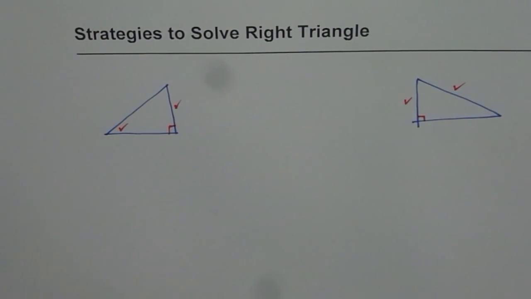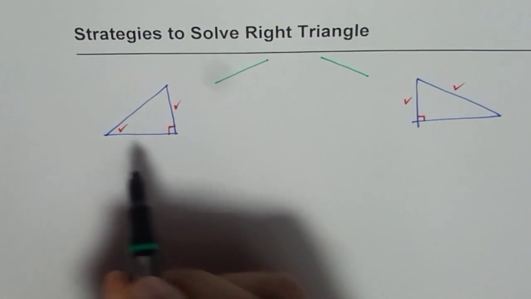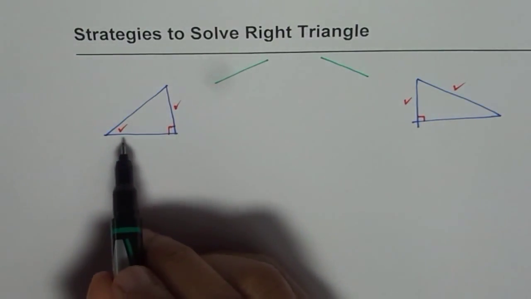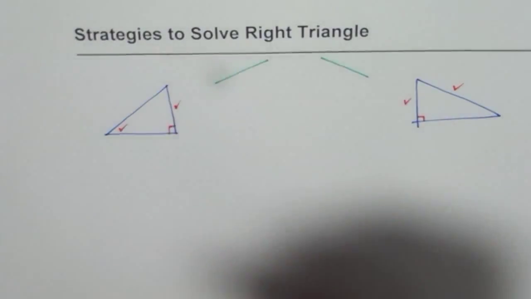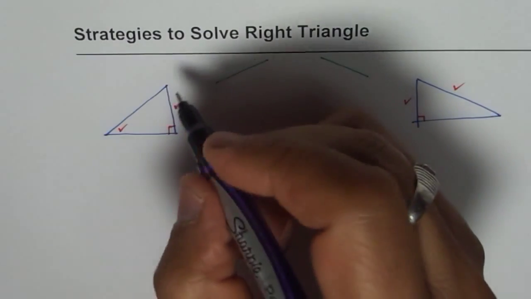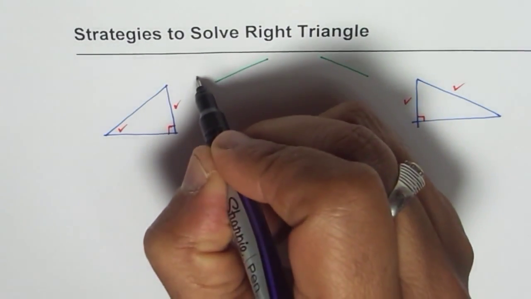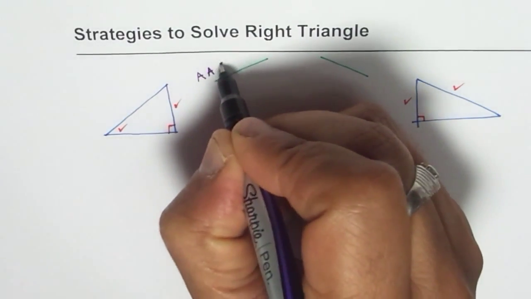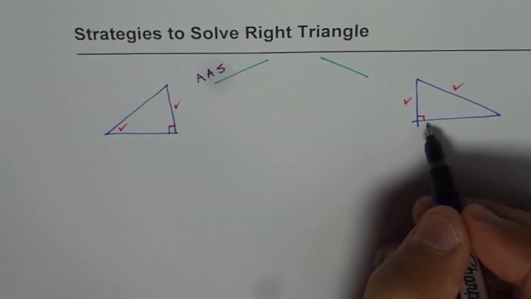So what we have here are two different cases, right? So in one case, we know angle and side. Let me write it down here. We know in a right triangle, because 90 degrees is known to us, we know angle and side. And on the other hand, we have two sides and an angle.